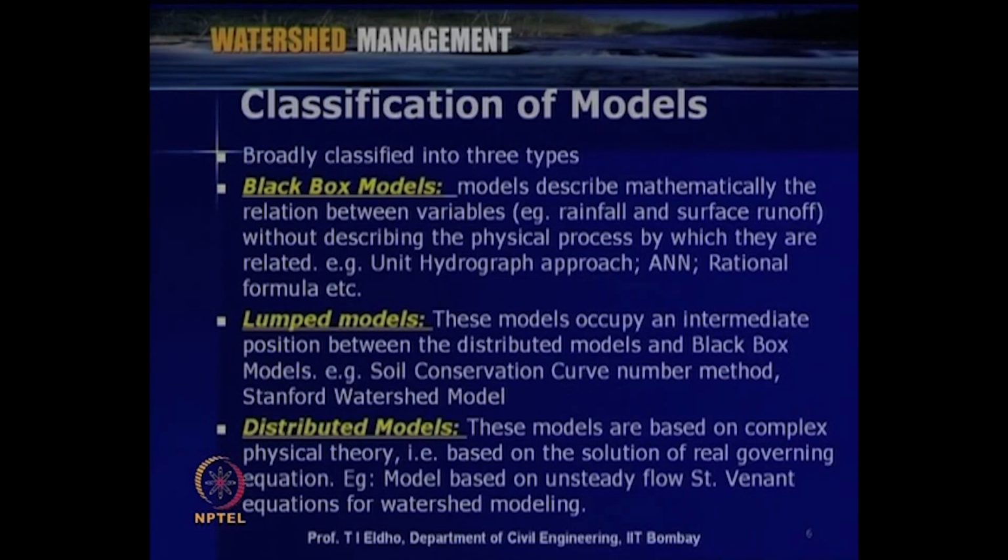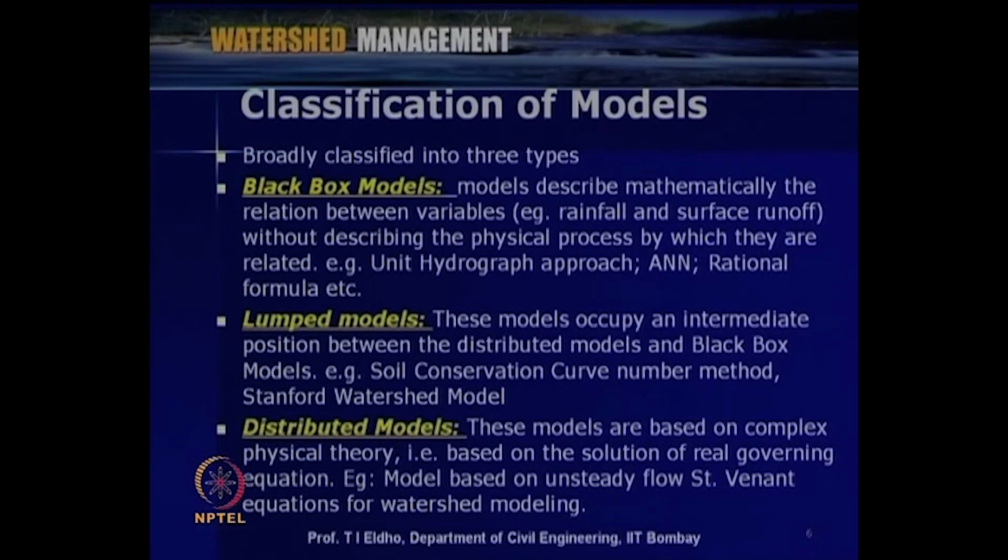As we discussed earlier, a number of physical processes take place from rainfall to runoff, but in black box models we are not considering all these physical processes taking place within the watershed. We are developing a simple relationship between rainfall and runoff, which may be particularly suitable for a particular location or watershed depending upon the various parameters.